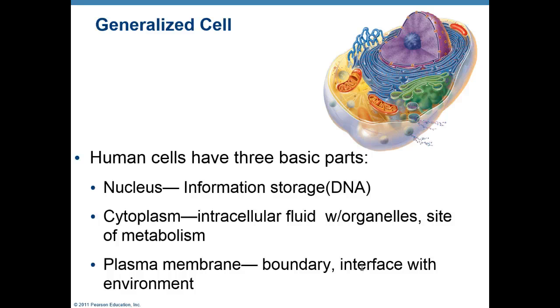So if you think about your laptop, it's got built into it a keyboard to get information onto the desktop or into the hard drive, and then USB ports and other little places to plug in different kinds of devices to get information into or out of the cell. That's the way the cell membrane works. Information and energy and waste all goes back and forth across the cell membrane.